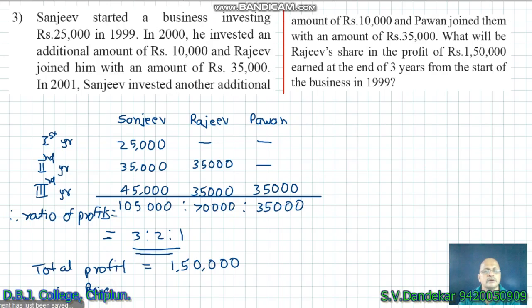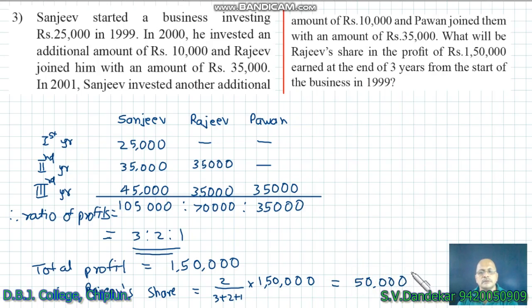Rajiv's share is equal to 2 upon 3 plus 2 plus 1 into 1,50,000, equal to 3 plus 2 plus 1 is 6, 2 by 6 is 1 by 3, equal to 50,000. Rajiv's share is rupees 50,000.